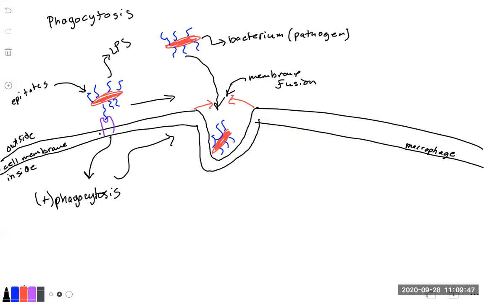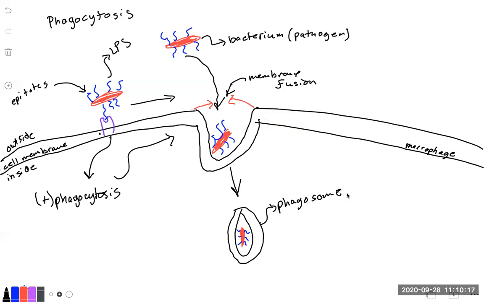And when those two sides fuse, you could probably see it's going to form a vesicle. And that vesicle will contain our pathogen. And this vesicle is a special type of vesicle because it's in a macrophage. We would call this a phagosome.